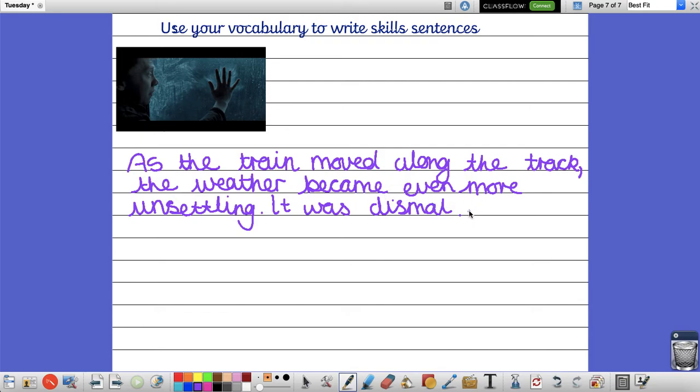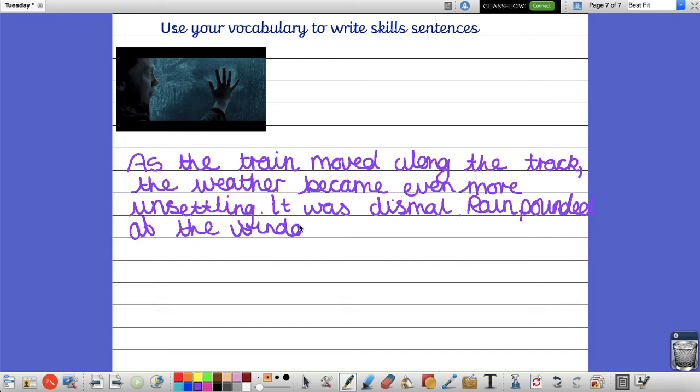So now I'm going to continue my writing. I'm going to put about the weather now, what is actually happening. So I'm going to put about the rain. So rain, it pounded. So I want that feeling that it wasn't just normal rain, that it was quite heavy like a storm. And it pounded at the windows.